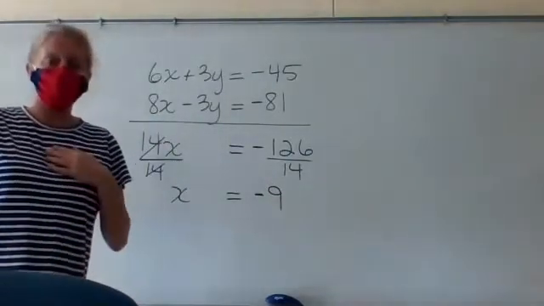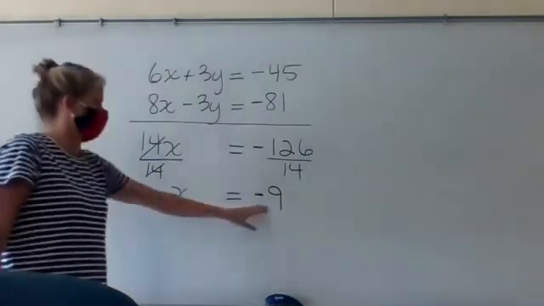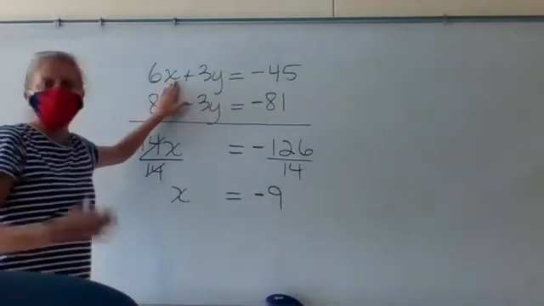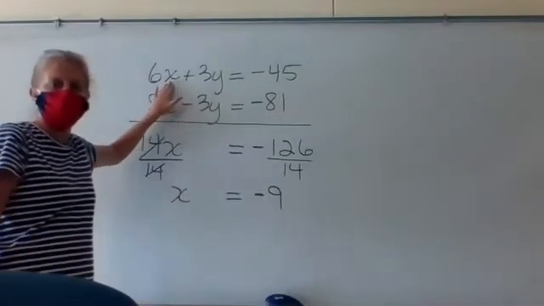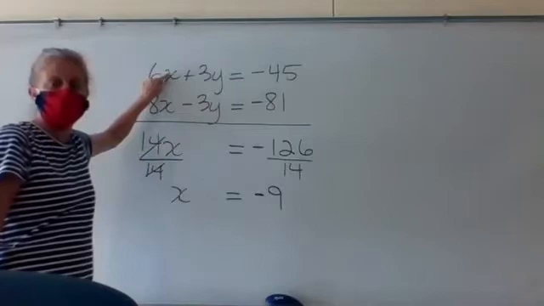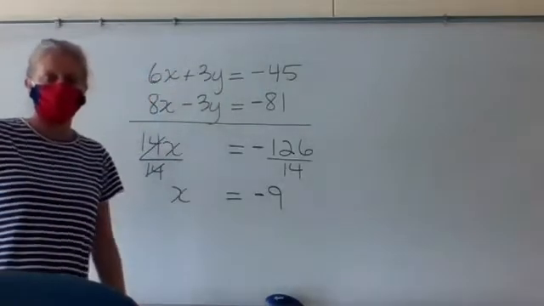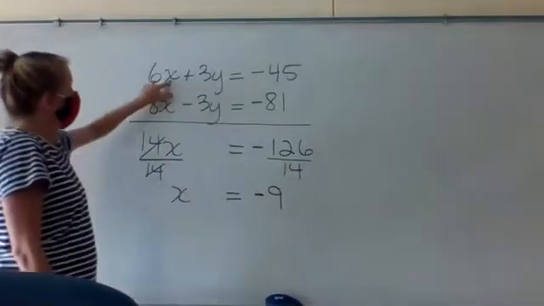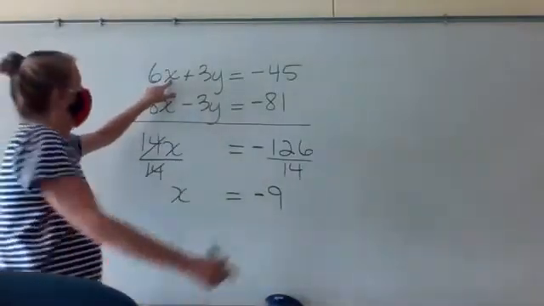So what I'm going to do is take this negative 9 and go up to my very top equation. I'm going to put the negative 9 in this x's spot because I know x is negative 9. That's just what I found.